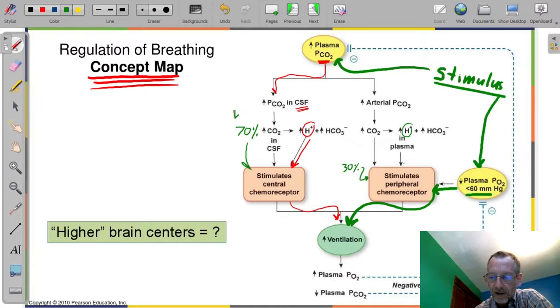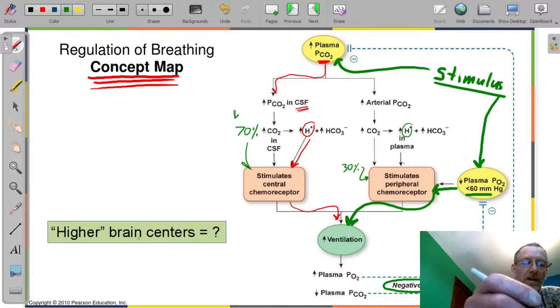And then this is just showing sort of classic negative feedback. So when the oxygen level increases, this stimulus gets shut off, and when the CO2 level decreases because we're ventilating the lungs, that slows down the upper pathway also.